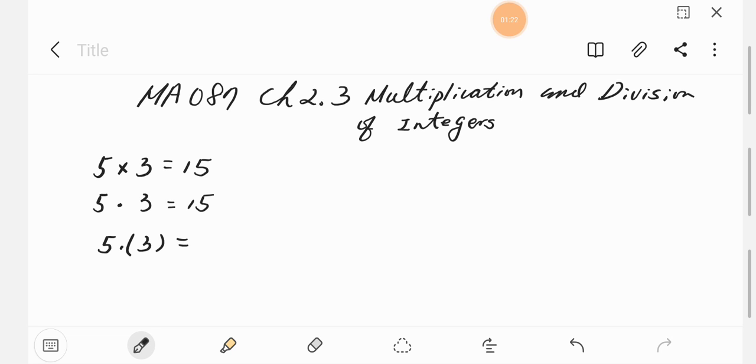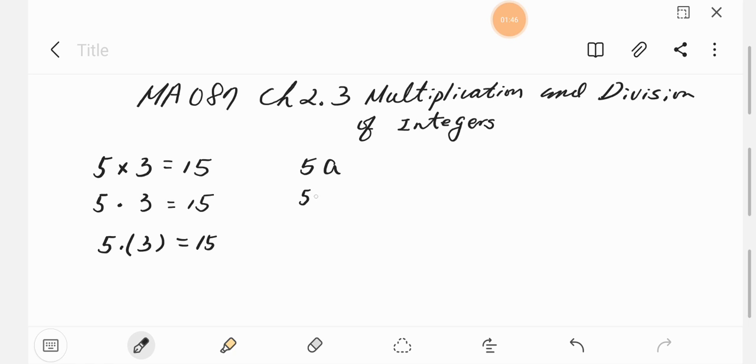Okay, in the previous chapters we learned this one: how about 5x? Let's use a different letter instead of x. Let's use a: 5a. What do you mean by this 5a? 5a means the number 5 and the variable a are multiplied together. So it's a product of 5 and a.